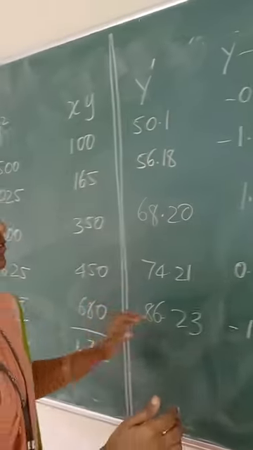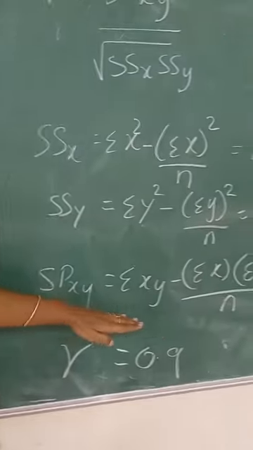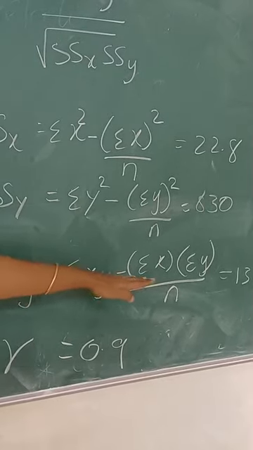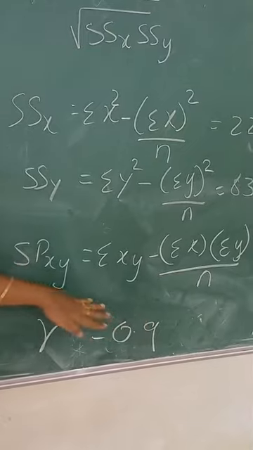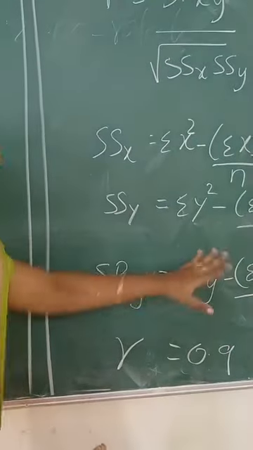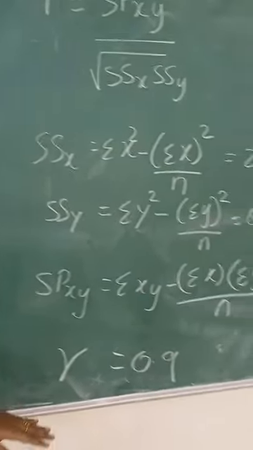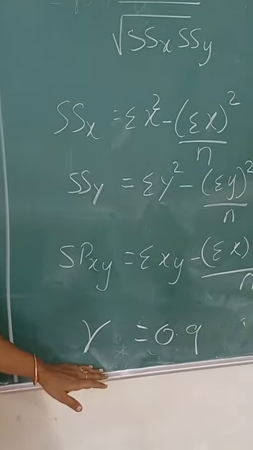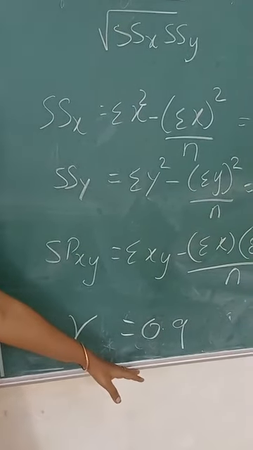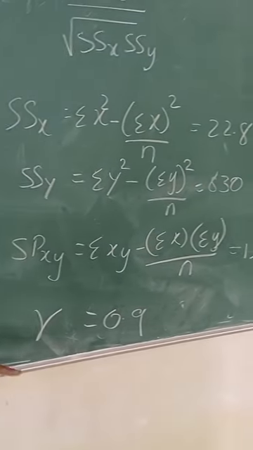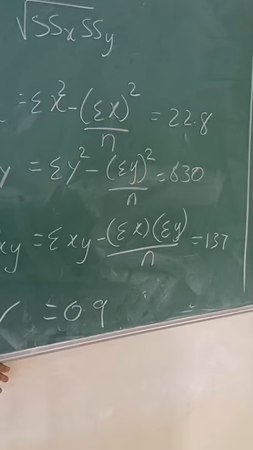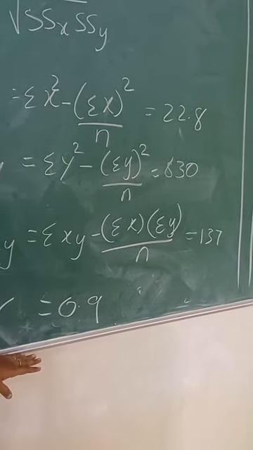The formula is summation of XY minus summation of X into summation of Y divided by N. So we have all the values, you substitute them, and finally we get the value R is equal to 0.1. This is how you find the correlation coefficient R.